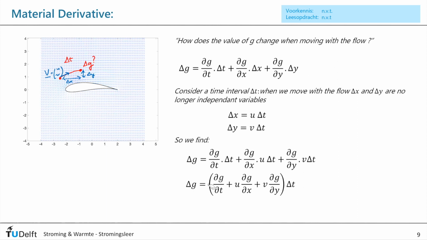That is what we call the material derivative. It is usually written with a capital D, capital Dg over Dt. So the material derivative tells us how the function g changes if we were able to follow a fluid element.